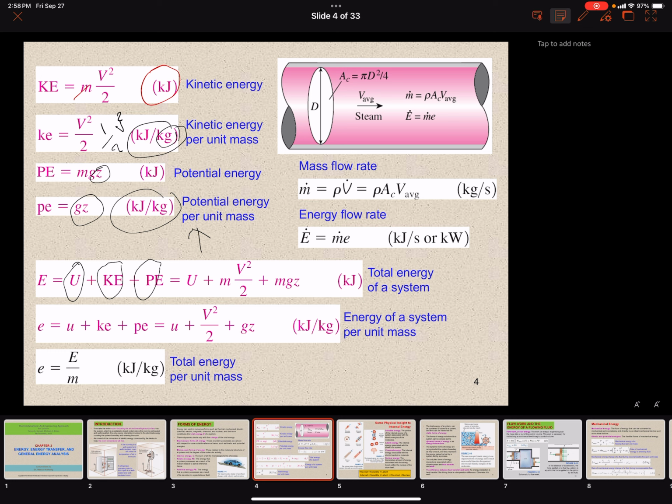For the energy of the system per unit mass, it will be the same concept, where we divide each term by unit mass, and we are left with this equation, which uses small symbols, and the unit will be different from the other unit.